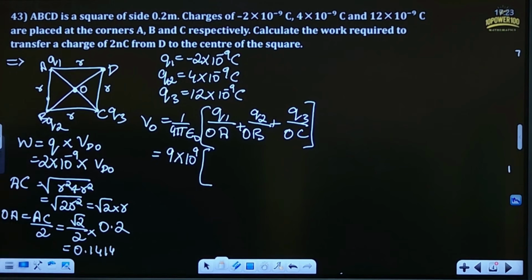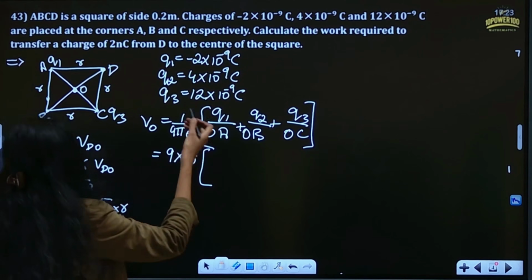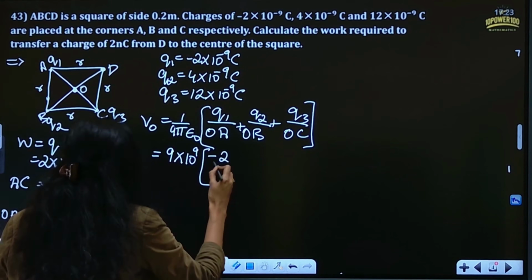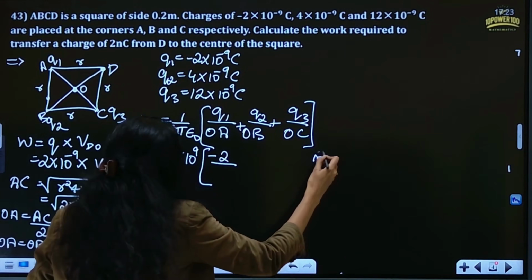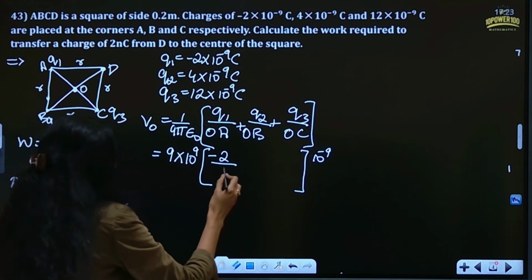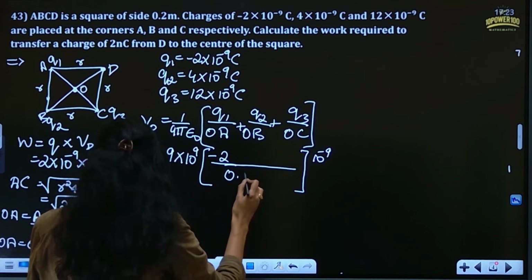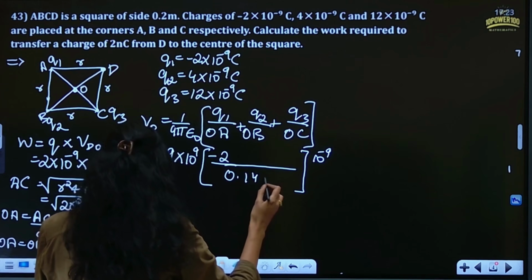So 0.1414 will be the value of OA, OB, or OC. All three have a value of 0.1414. Now let us substitute over here. The value of Q1 is minus 2 into 10 power minus 9, I'll take it common. Since OA, OB, OC are all the same, they will have the same denominator, that's 0.1414.